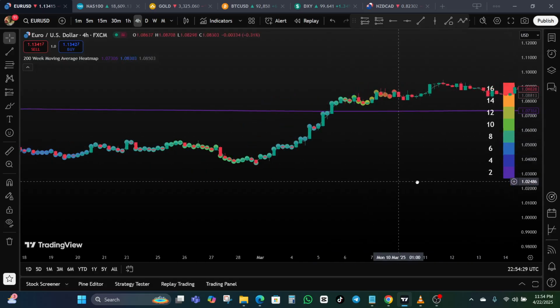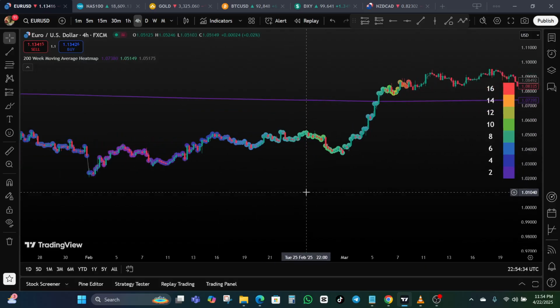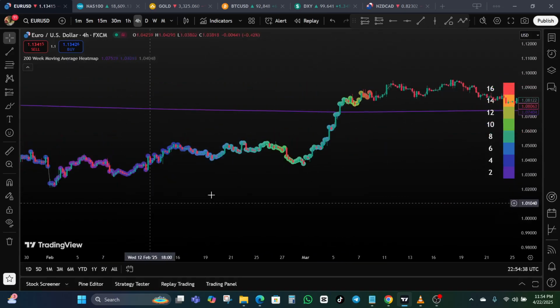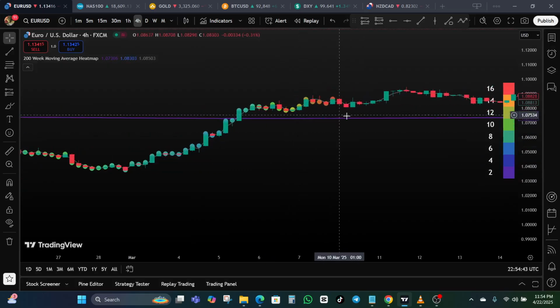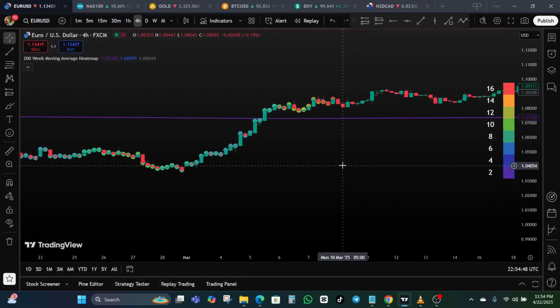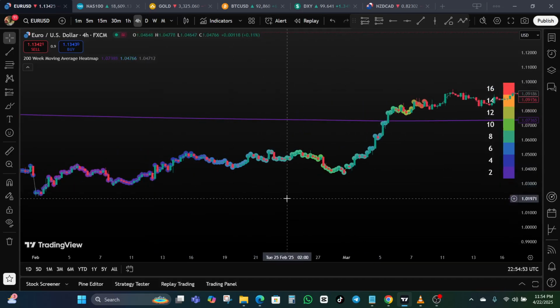So whenever you notice the color being red, of course you know that it's being overheated. And when you notice the color being purple, you'll know that it is cooling down, right? Now, this calculation is based on the distance from the 200-week MA.